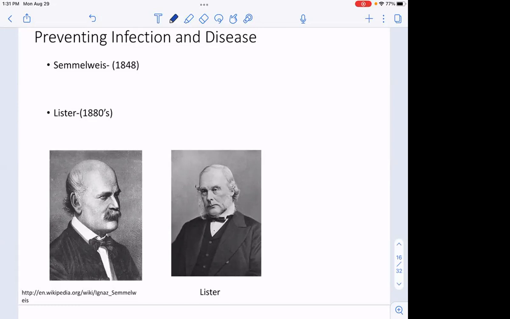Just simple hand washing before physicians would help mothers deliver their babies, and that cut the rate way down of infection. Unfortunately, he didn't really understand why that helped. Doctors at that time were doing autopsies on cadavers in one room and going to the next room delivering babies.